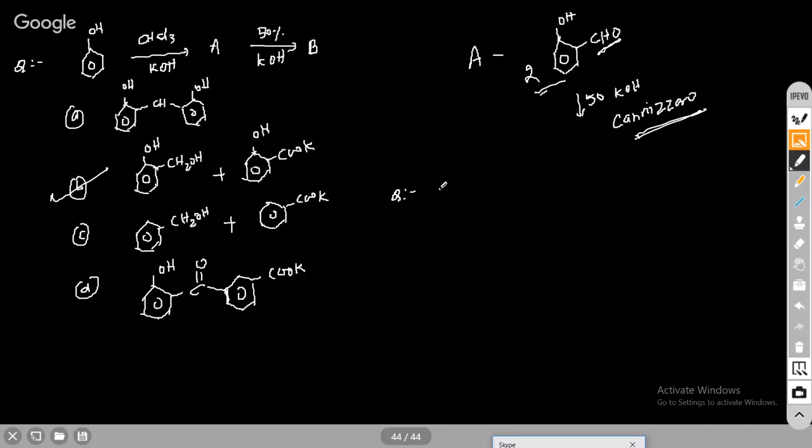Another one. C6H6, H2SO4, 350 Kelvin, A. Then fusion with alkali, B. Then bromine water, Br2/H2O, C. What is the final product C? Options are given: orthobromophenol, parabromophenol, metabromophenol, and the last one is 2,4,6 tribromophenol.